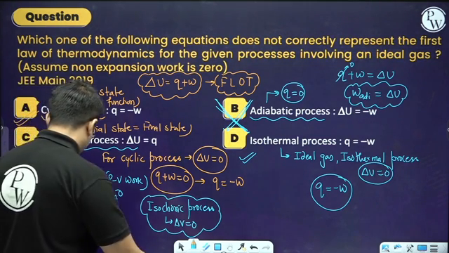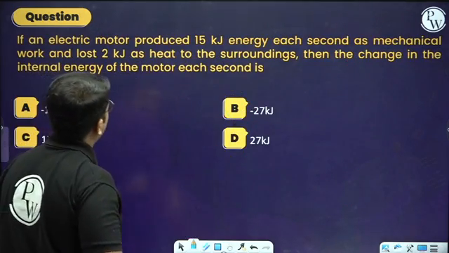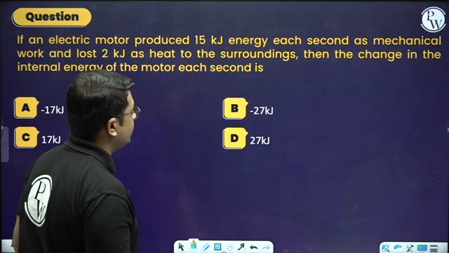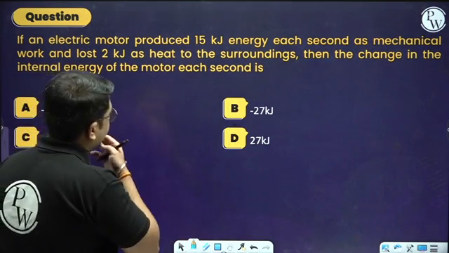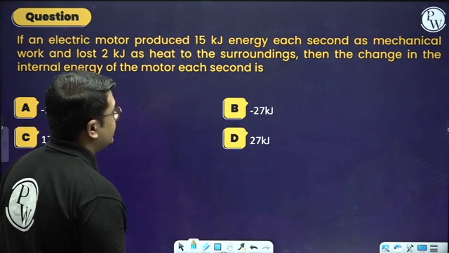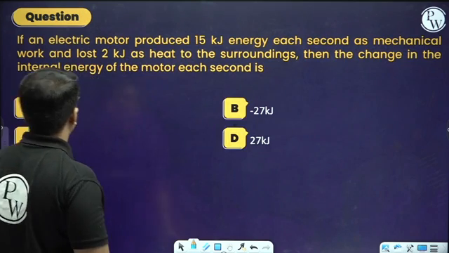Now let's talk about another good question. If an electric motor produced 15 kilojoule energy each second as mechanical work and lost 2 kilojoule as heat to the surroundings, then the change in the internal energy of the motor each second is. It's a very easy question.